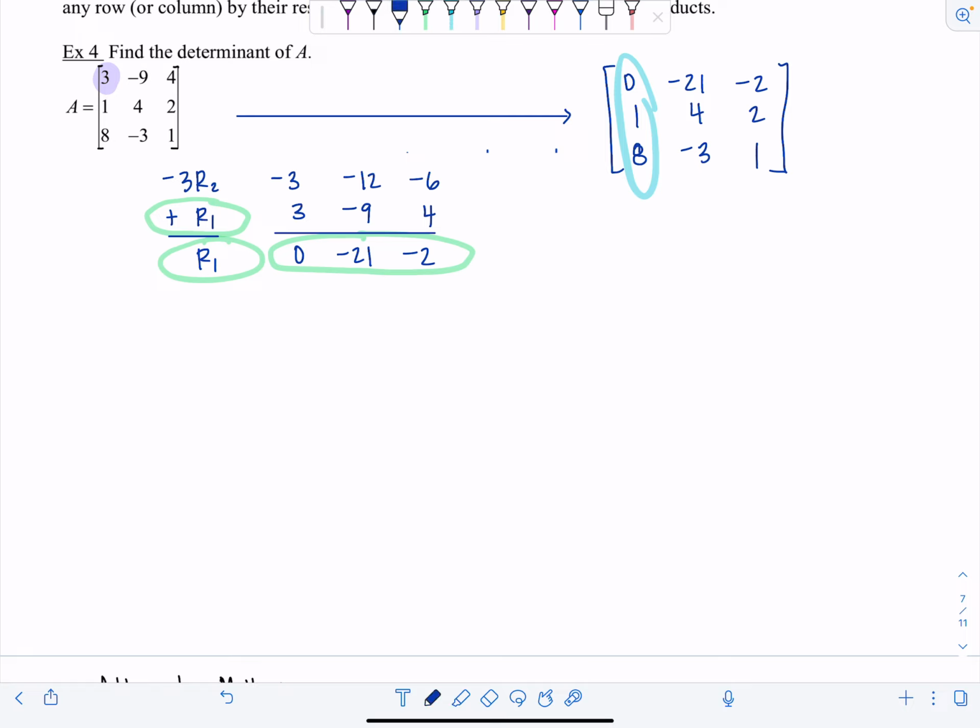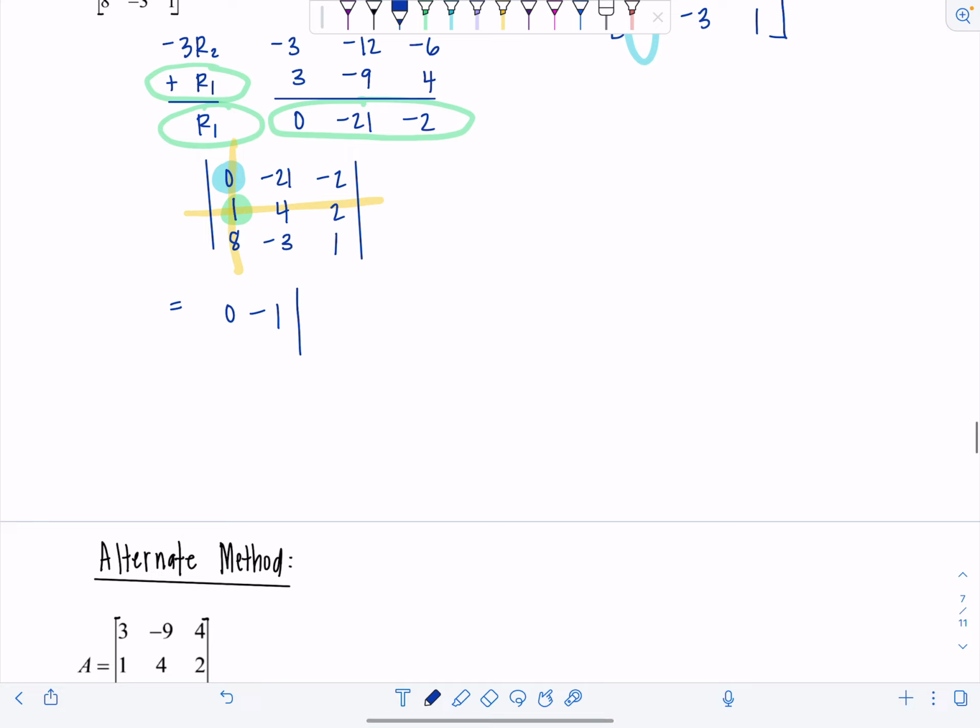So we're going to find the determinant of 0, -21, -2, 1, 4, 2, 8, -3, 1. All right, you take that first entry, 0, and I'm not even going to worry about multiplying by anything. Then the signs alternate, right? So minus 1 times the determinant that results when I eliminate that row and column. So times the determinant of -21, -2, -3, 1.